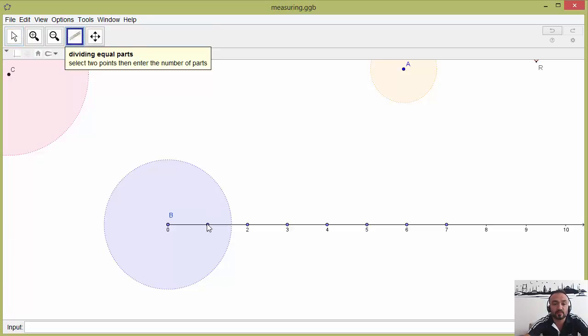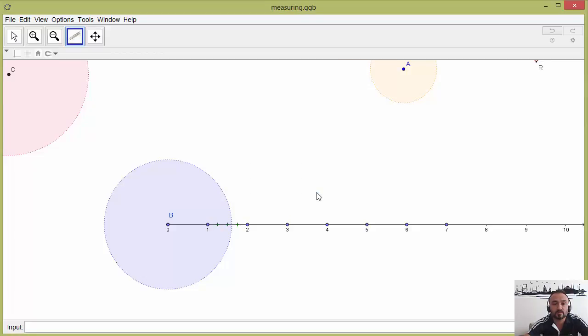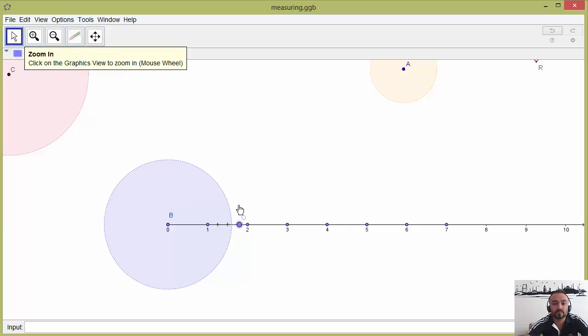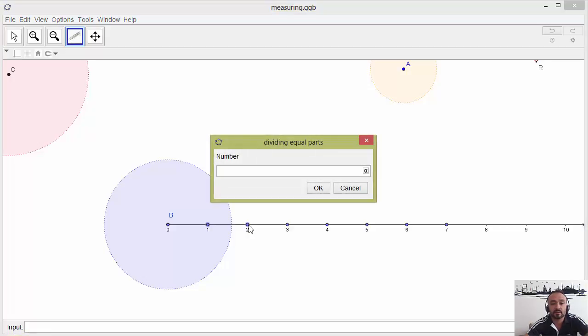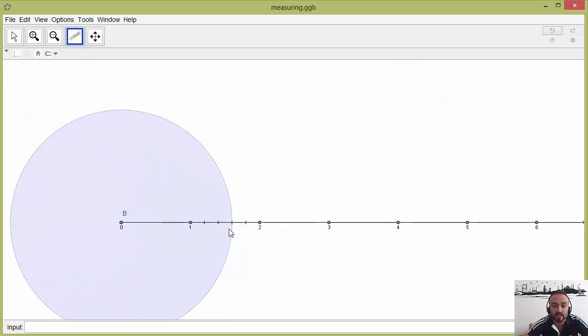Let's try another number of partition. What about 4? 4 also didn't work. What about 5? I see that 5 is okay.